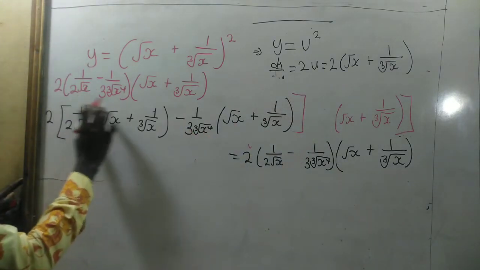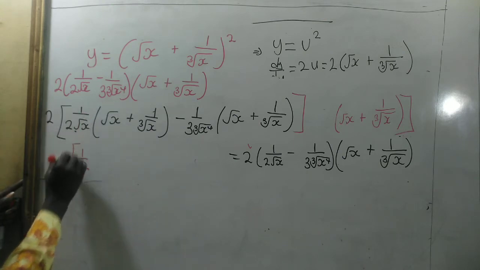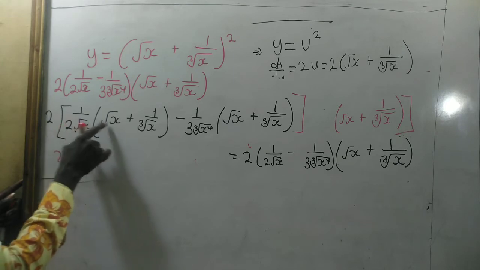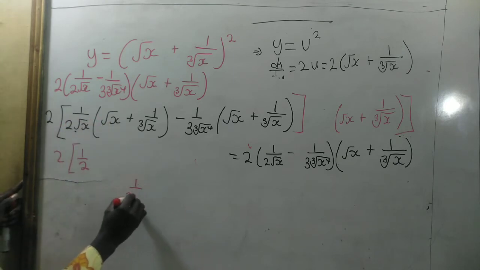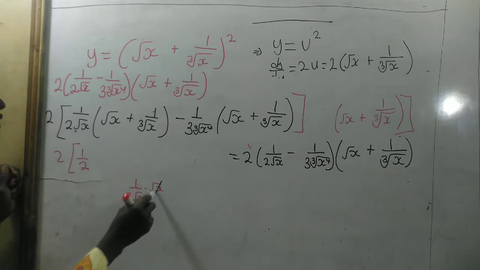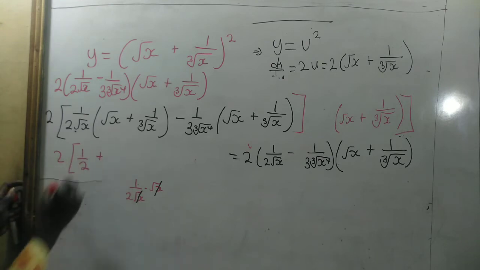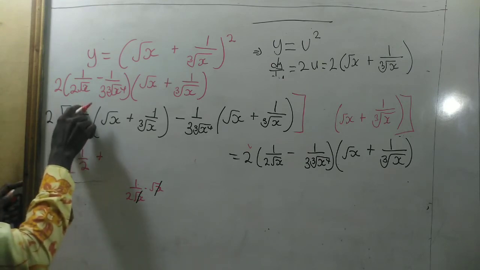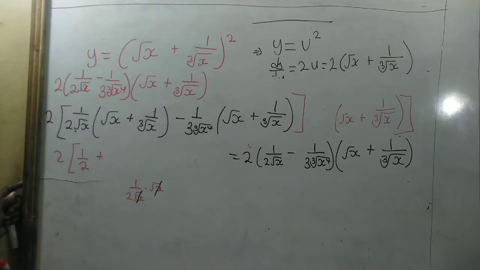So here, if we multiply this by that, we are going to have 1 on 2 root x times root x, and this will cancel this for us to get 1 on 2, plus 1 on 2 root x times 1 on the cube root of x.